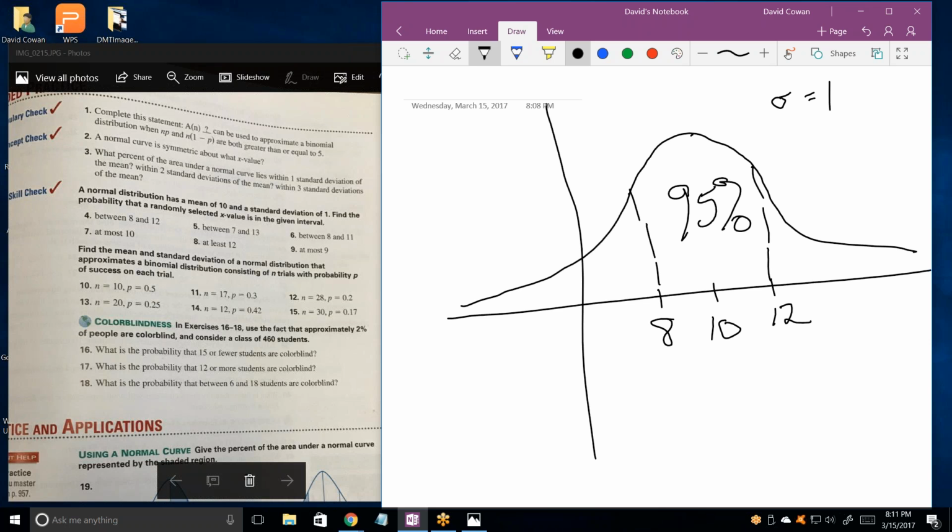So when I go to 12, I'm going 2 standard deviations away. But I've got to go both ways, 2 standard deviations. In order to get 95% of the curve, I've got to go both ways from the mean. Even though I haven't really drawn it properly, that's 95% of the total area under the curve. This makes a little more sense then.